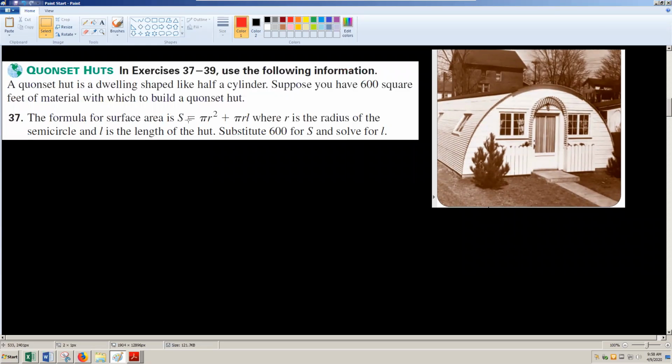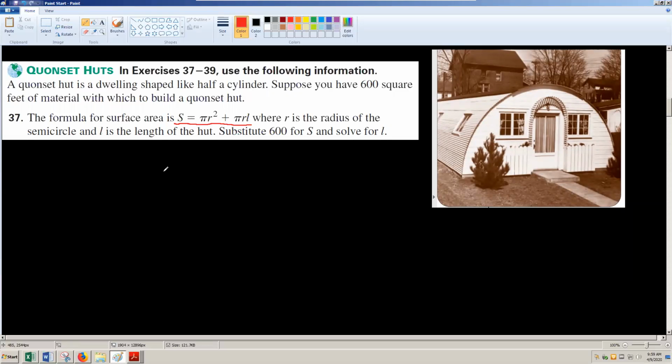It's just saying, instead of having 2 of the pi r squareds, I'm only going to have 1 because I have half at the front of my house and half at the back. And instead of 2 pi rl, again, I've only got half of my cylinder. So that's where this is coming from, hopefully from some geometry roots that we remember.